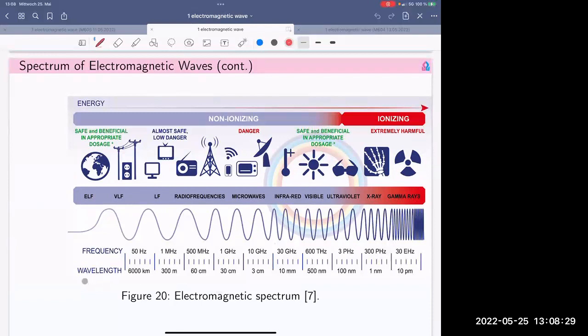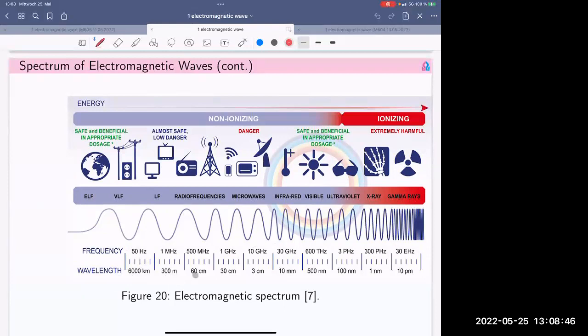But if you take a look at this band in terms of wavelength, it's going to be 6,000 kilometers, okay, which is very, very far.